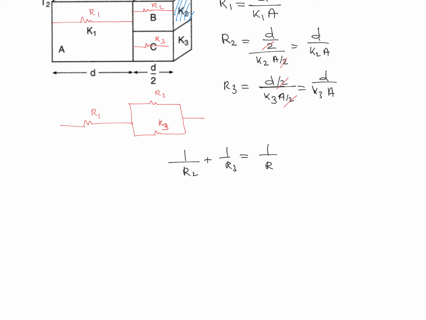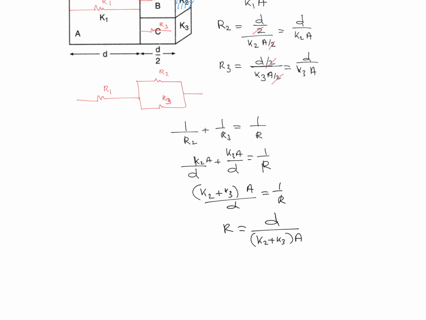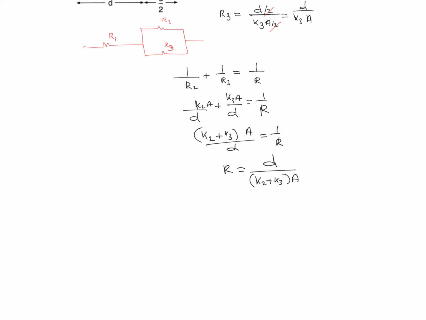So 1 divided by R2 is D divided by K2A, plus 1 divided by R3, which is D divided by K3A, is equal to 1 divided by R. So this is equal to K2 plus K3 into A divided by D, which is the value of 1 by R. So the value of R can be written as D divided by K2 plus K3 into A. Now we add R1 to it, because R1 and this combination are in series.